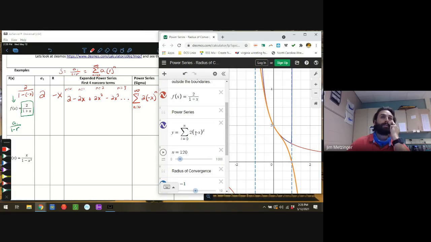It's just 2 parentheses negative x with i. It's got i as an exponent.